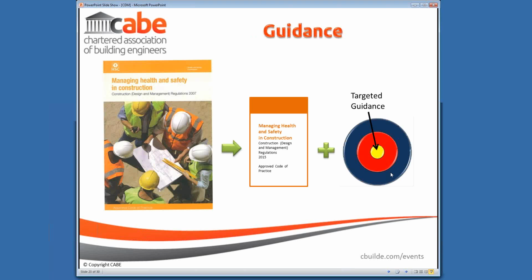It did detail what sort of knowledge they needed to have, and in removing it, they are looking to widen the scope of what people can consider to achieve competence. Now, although the document and the code of practice exist at the moment, as soon as the new regulations come in on the 6th of April, that document will cease to have its legal status. So we won't be able to use that as a guide going forward.